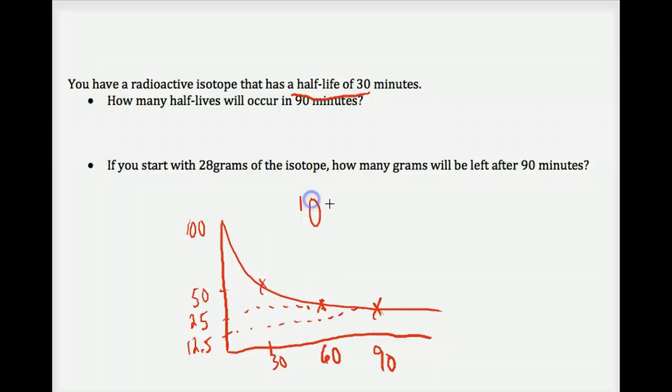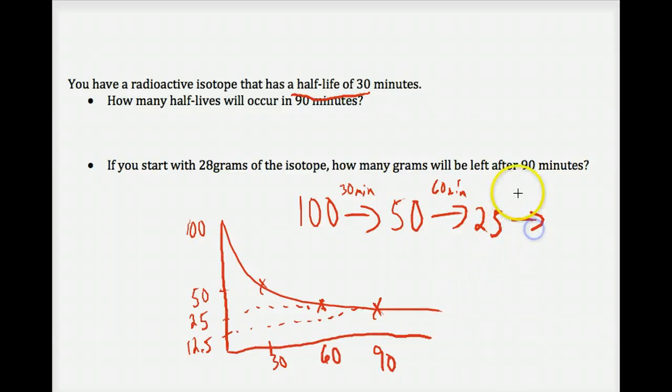Let me just track the half-lives this way. I'm just doing it rationally. If I start with 100, the first half-life, which is 30 min, I go to 50. The second half-life, which is 30 min, or overall you could say 60 min, I go to 25.